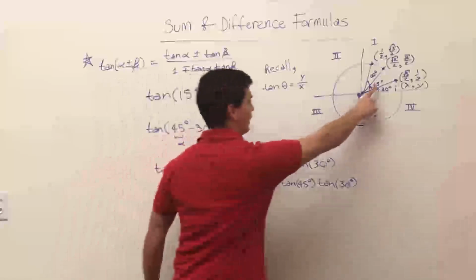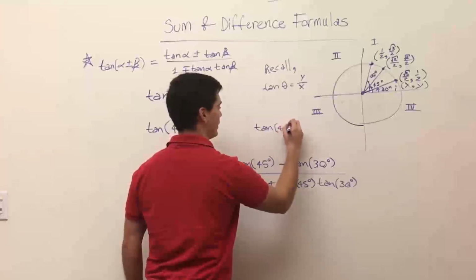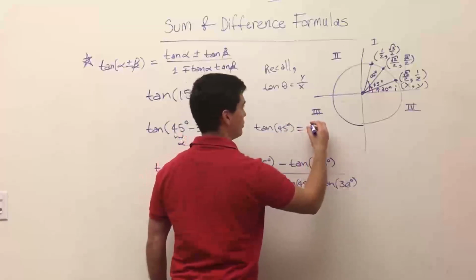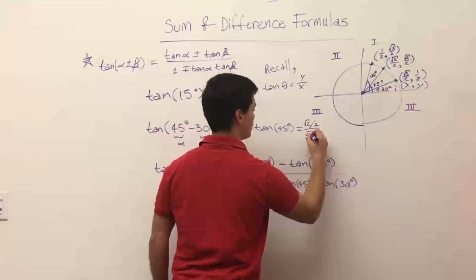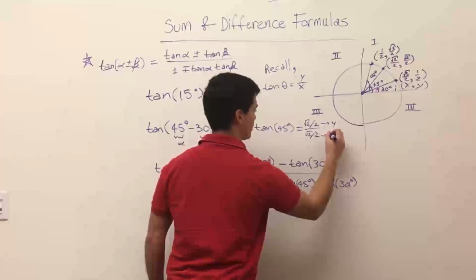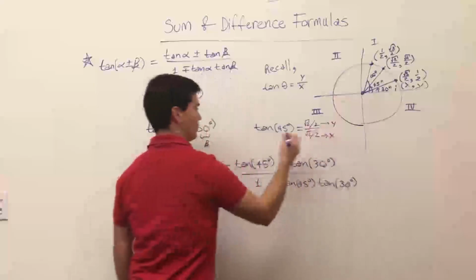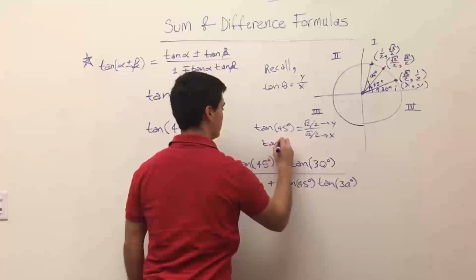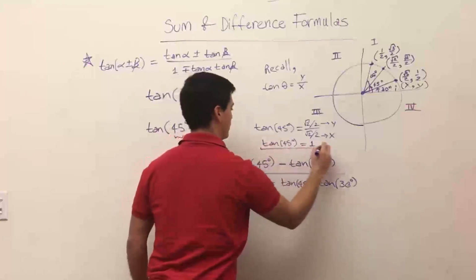So the tangent of 45 degrees, we'll do this up here for clarity, is going to be equal to the square root of 2 divided by 2 over the square root of 2 divided by 2, because this is the y value and this is the x value at 45 degrees. And this ratio will come out to be equal to, you guessed it, 1.